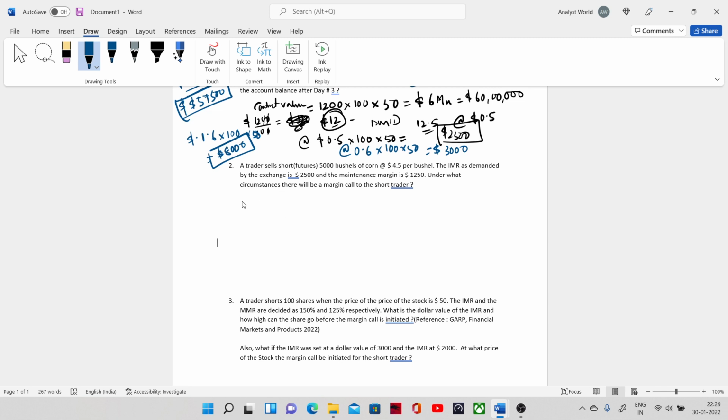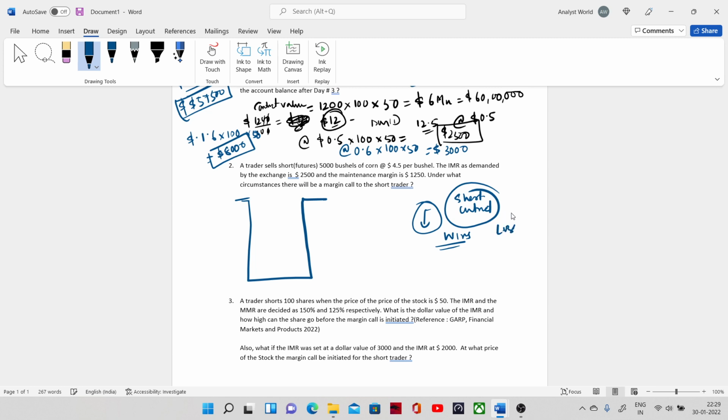Now again we will use the same analogy as that of the water tank, but in this case we must understand that this is a short contract. The short contract would mean that if the price goes down, the short to the contract wins, but if the reverse happens, the short to the contract will lose.